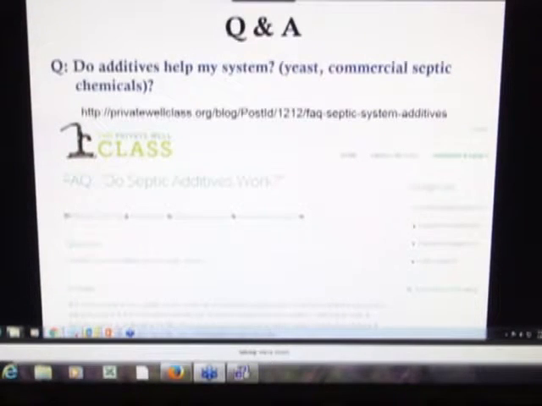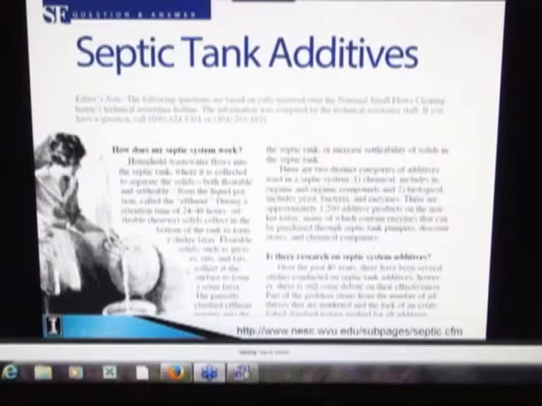There's a long answer that goes on below this if you want to read it, and we list several resources, including this from Small Flows, which is a magazine or brochure put out by the National Small Flows Clearinghouse, which is the National Environmental Services System, and they looked into it as well. They get a lot of questions on that topic, and the bottom line is there's no evidence that they actually do anything to benefit your system. And so that's my answer to this.